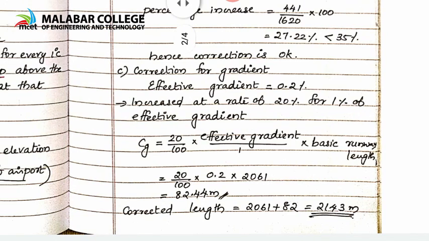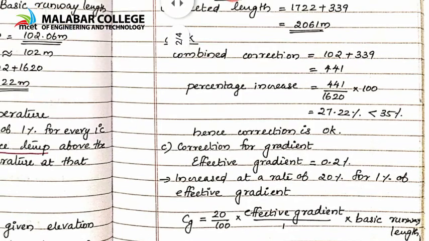Then substituting the values we get 82.44 meter. The corrected length is 2061 plus 82, that is equal to 2143 meter.